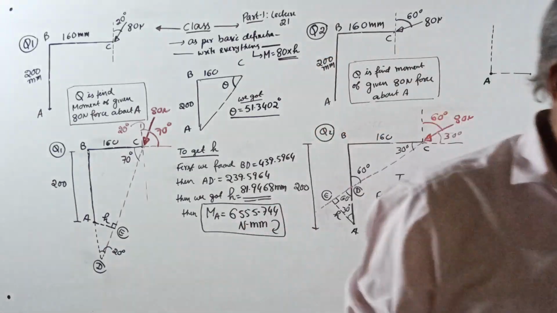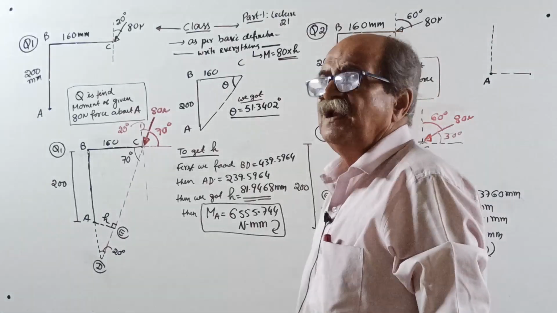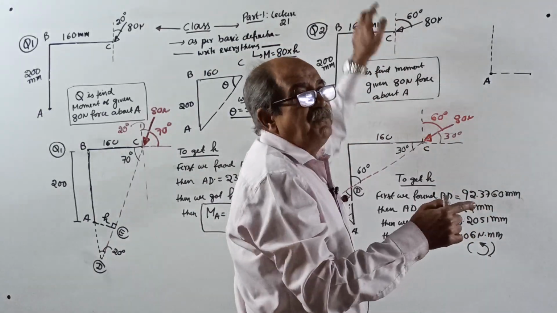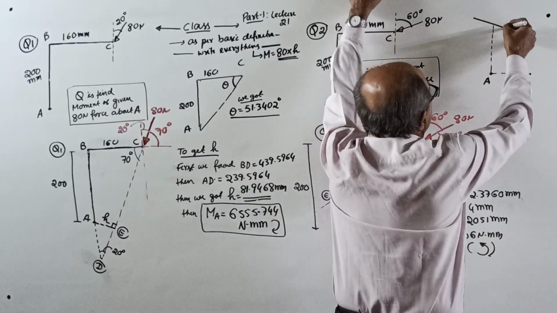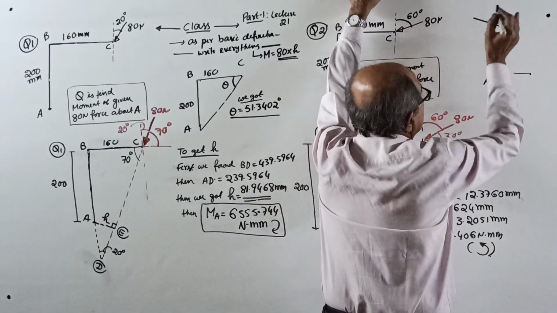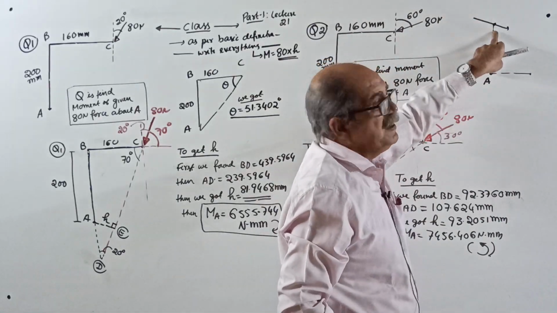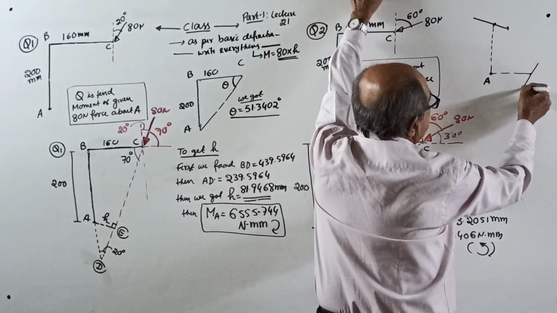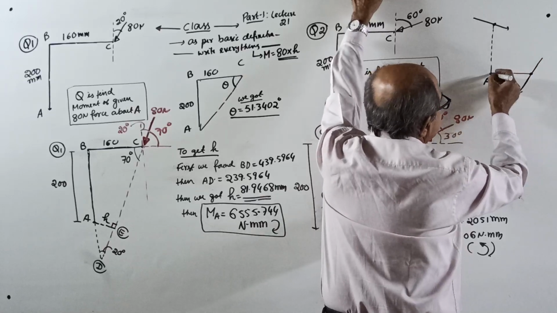Now, if you know the point where the inclined force cuts the vertical line through A, or if the inclined force is this way, you know a point where the inclined force cuts the horizontal line.